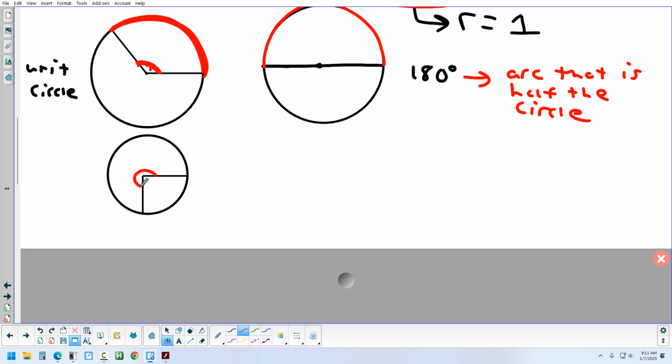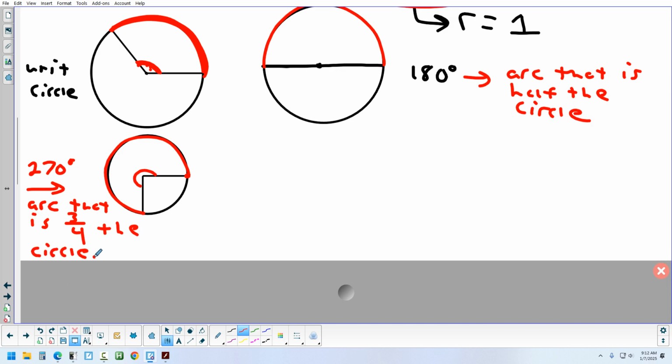How big of an angle is that? 270. That angle's 270. And how much of the circle does that arc take up? That takes up 3/4. So 270 gives you an arc that is 3/4 of the circle.